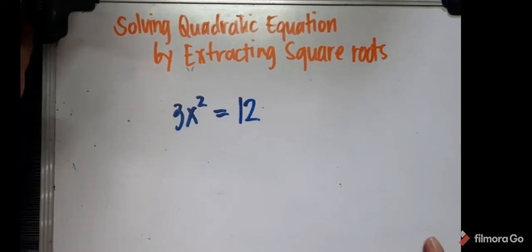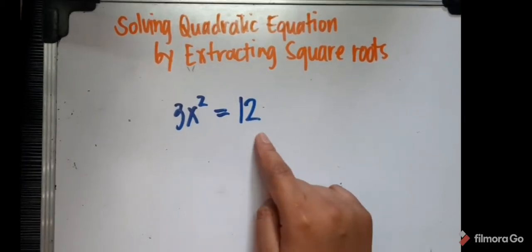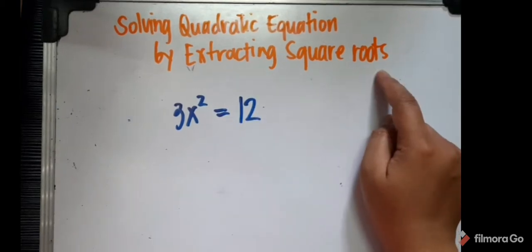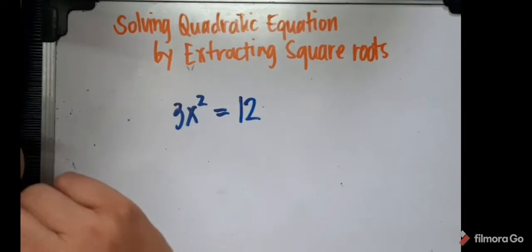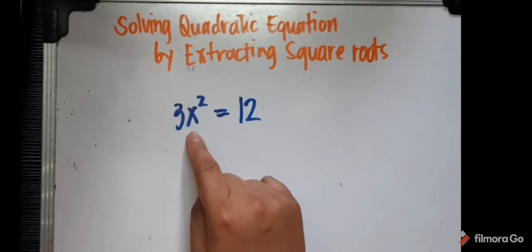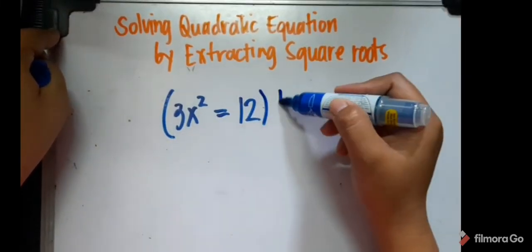Okay, now we will solve 3x squared is equal to 12 by extracting the square root. So first, we remove the numerical coefficient of x squared by multiplying both sides by 1/3.